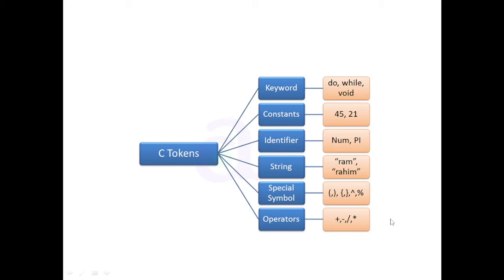The next one is string: a combination of characters is said to be a string. We have special symbols like parenthesis, comma, curly braces, caret, percentage, which can also be said as modulo. Operators are plus, minus, divide, asterisk, that is, operations on the operands.